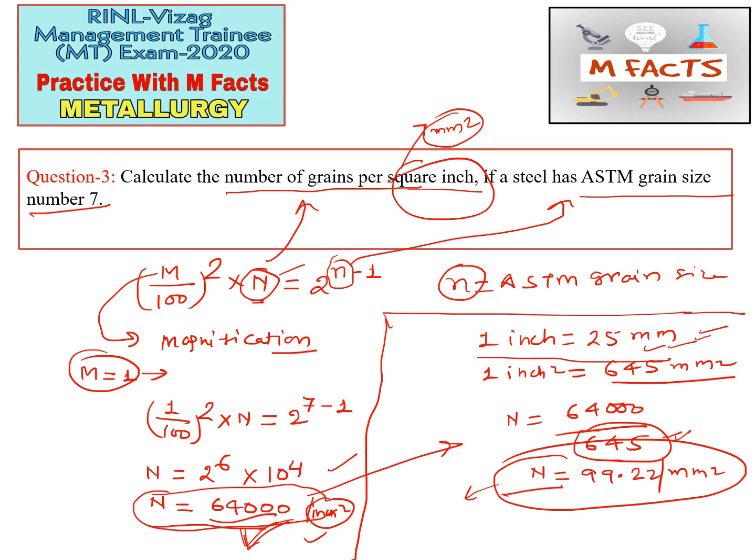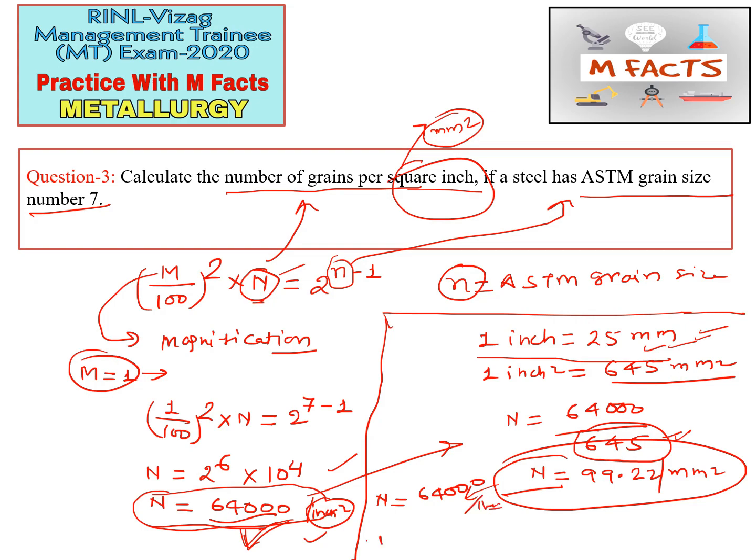Sometimes they will ask like this. This is the number of grains per square inch, so sometimes they can ask the average area of a grain. For finding the average area of a grain in square inches, suppose we get 64,000 per square inch.